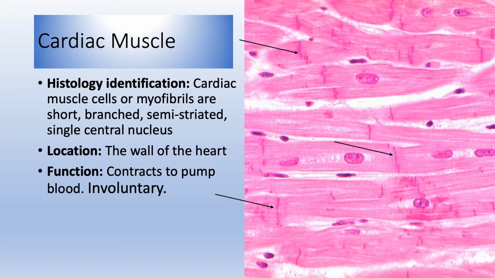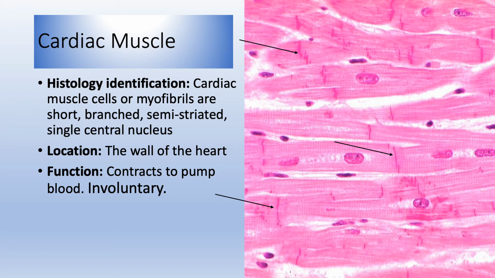For that reason, it's called semi-striated. Unlike skeletal muscle fibers, cardiomyocytes are single, short cells, typically with one centrally located nucleus. Cardiac muscle cells contract on their own intrinsic rhythms without any external stimulation requirement.